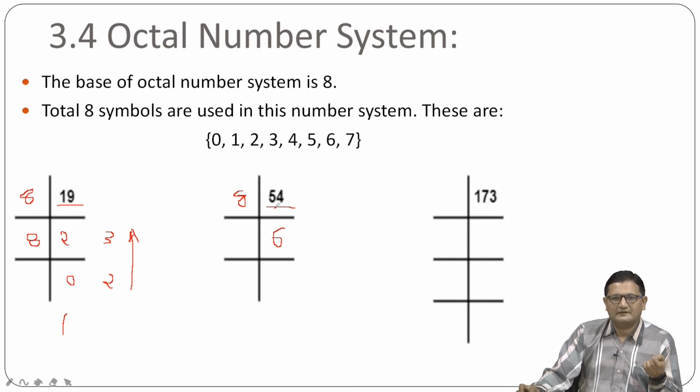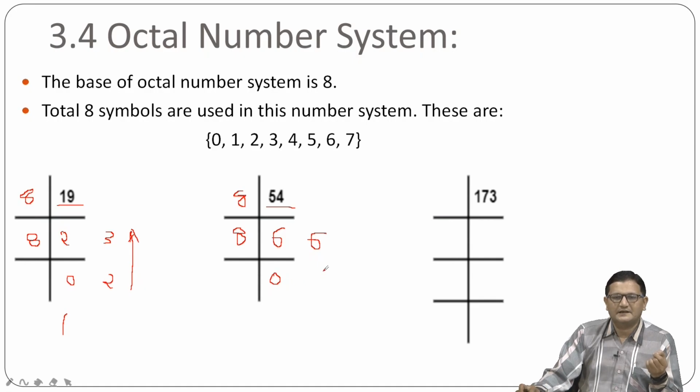The number is 54, so 54 minus 48 gives 6, which is the remainder. Again we divide this 6 by 8, because we need to continue this process until we get 0. Since 6 is smaller than 8, we write 0, 8 zeros are 0.